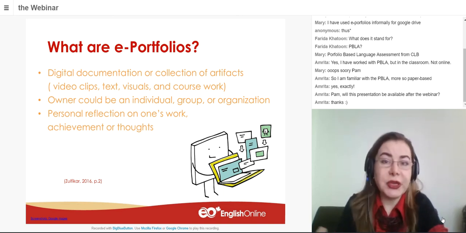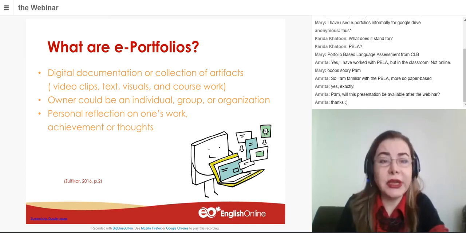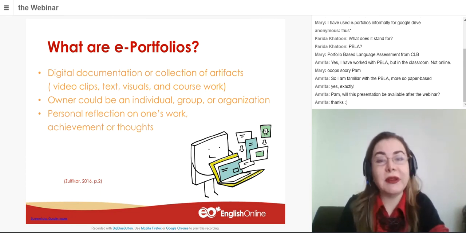So there could be a variety of what a student or an individual would like to collect in his or her e-portfolio. And the owner here could vary from an individual, and this individual could be a student, a teacher, a professional, a group of people, or organizations, like institutions or schools.